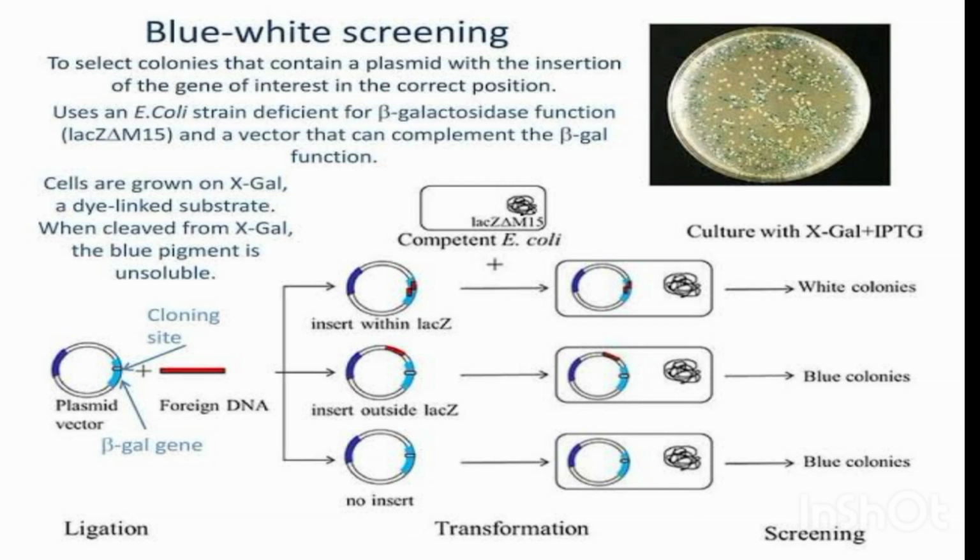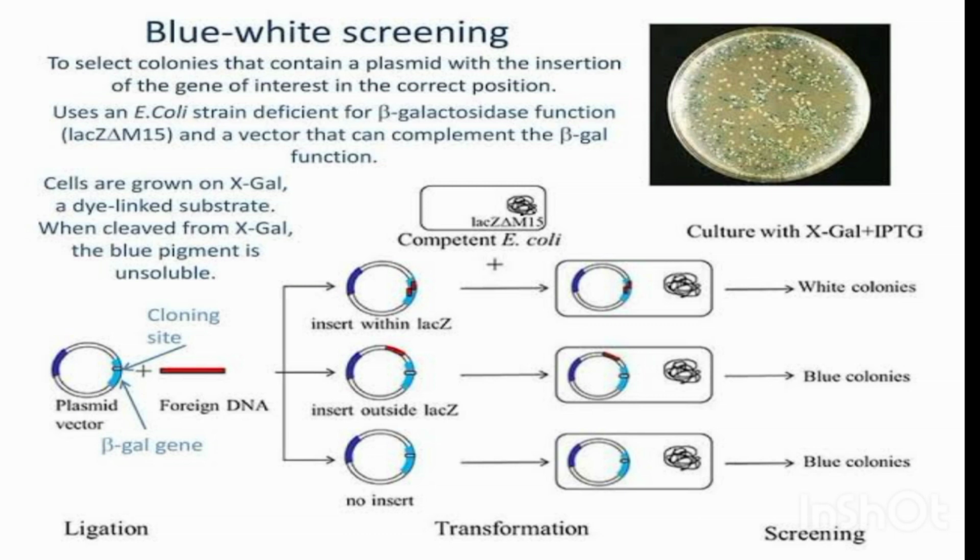So if I have non-transformed cells, then what will happen? My beta gal gene will be very much active, so it will produce blue colonies because it is dye-linked.